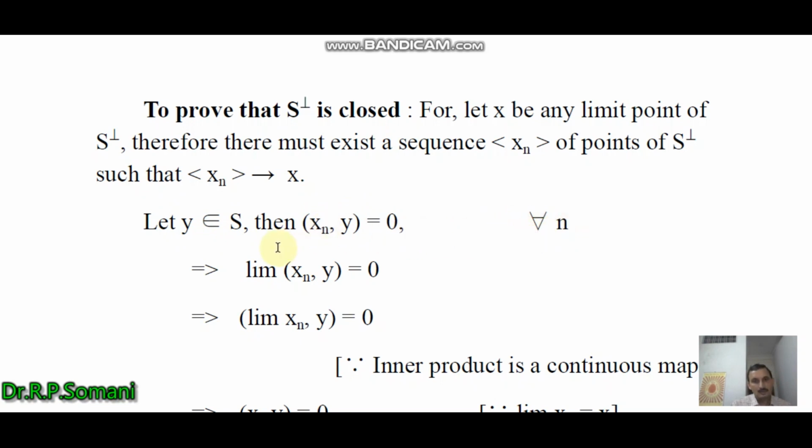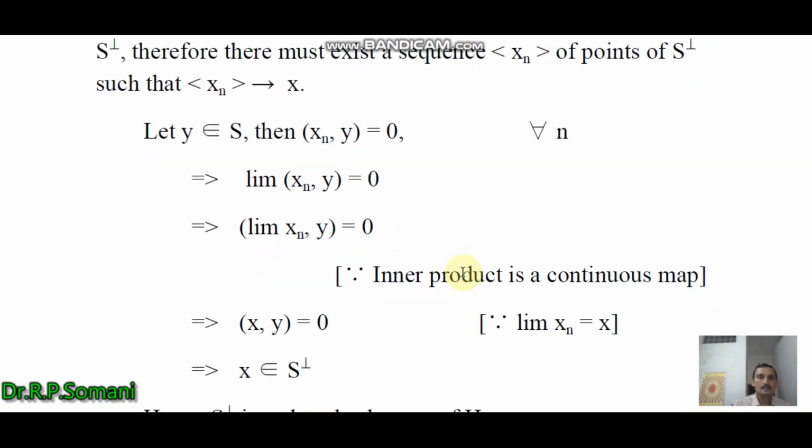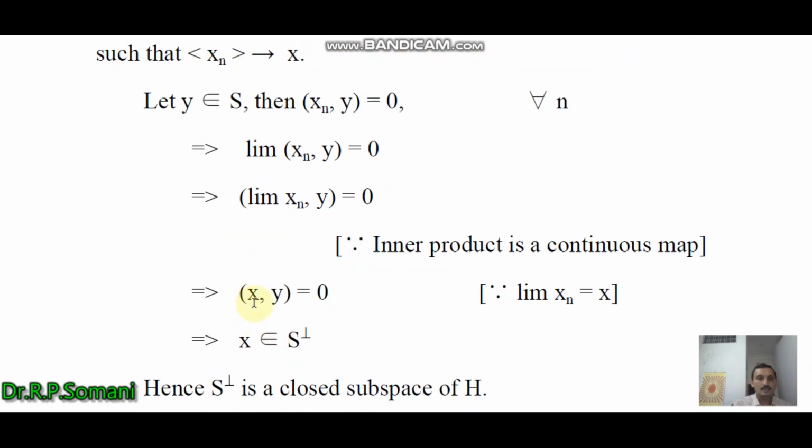Now we take the limit of this inner product, and we can take the limit inside the inner product because the inner product is a continuous map. So the limit of the inner product of xn and y equals 0, and the limit of xn is x. Therefore, the inner product of x and y equals 0, and this implies x belongs to S orthogonal.